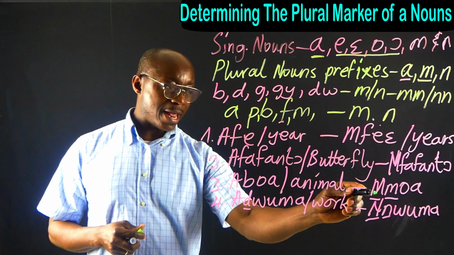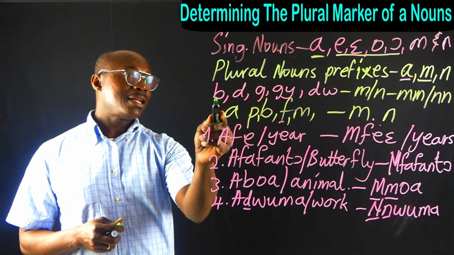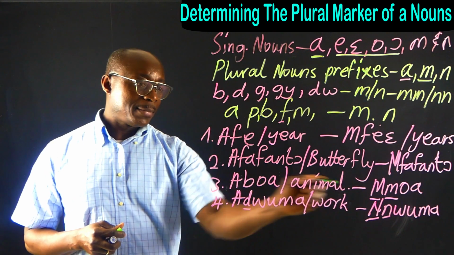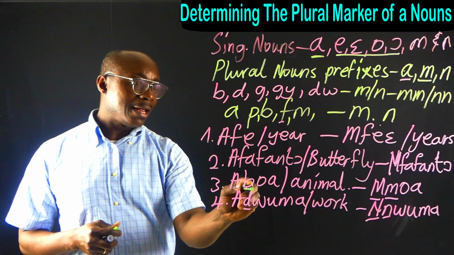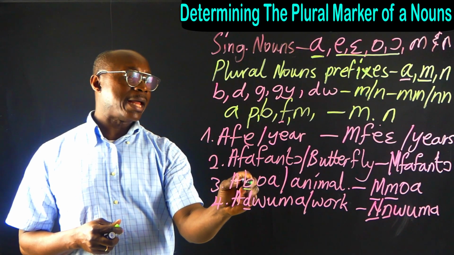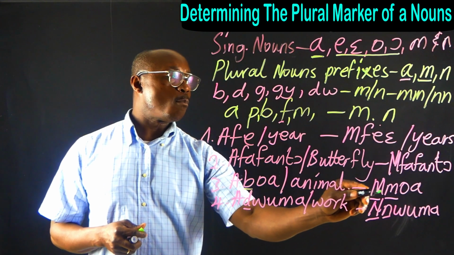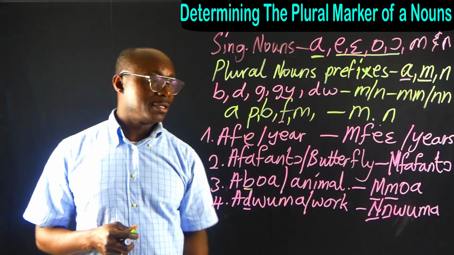So we have M here. And look at here. We said that if that M is followed by this B, then it means we have to double the M and then do away with this B. So we will say mmoa.